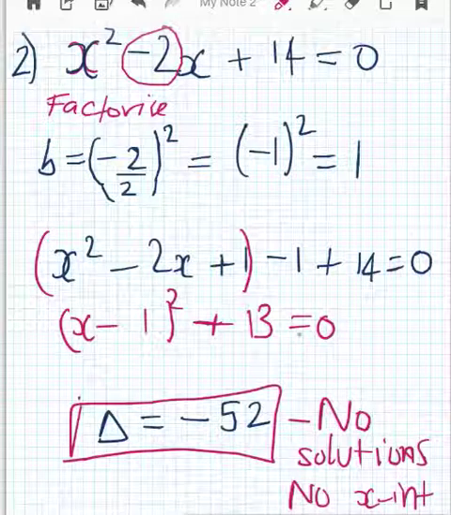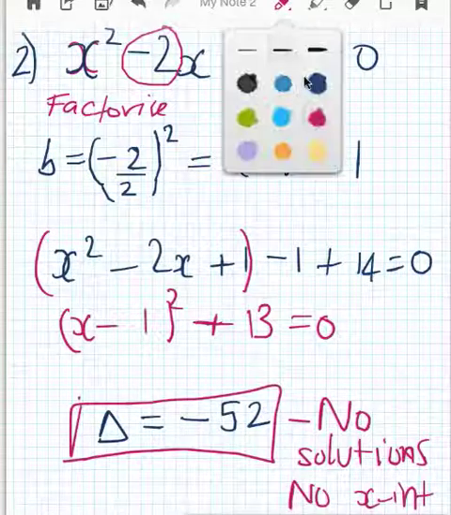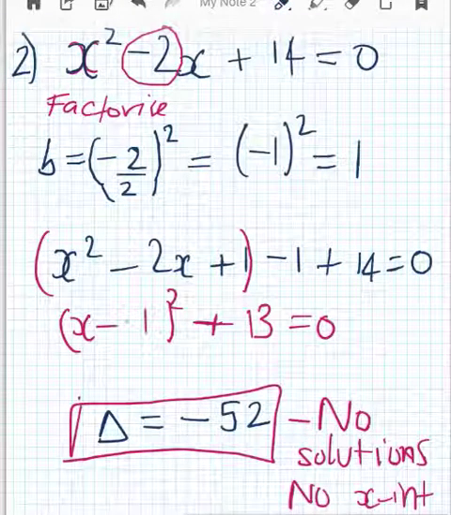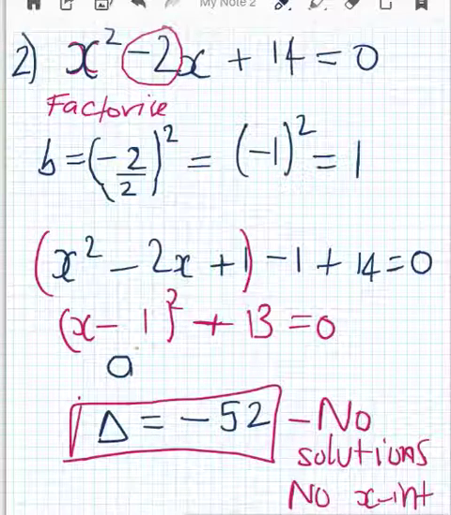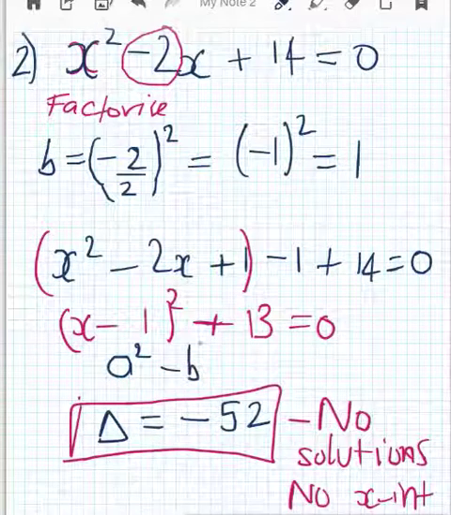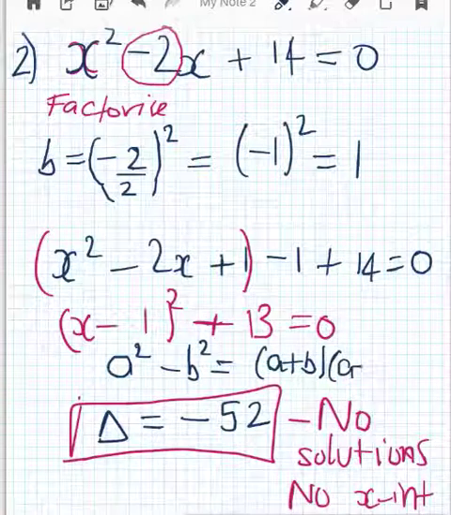Now, to keep going, we've got the squared and the number. We know if it's in the form of a squared minus b squared, we can continue factorizing it. A squared minus b squared gives a plus b in one bracket, and a minus b in the other bracket. But have a look and see what the problem is.